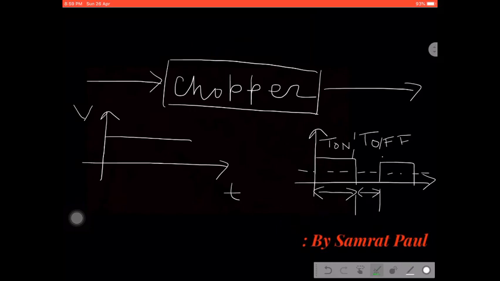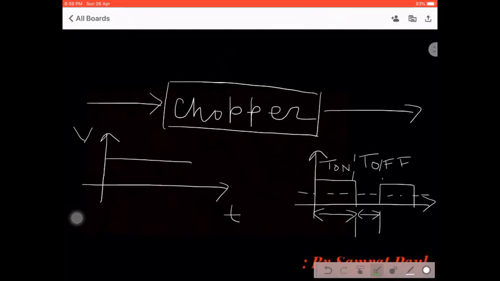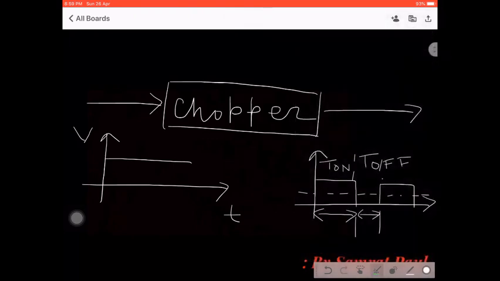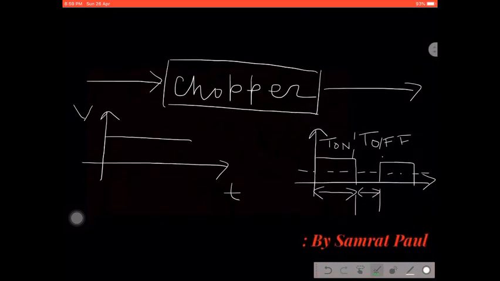Now, choppers are of two types: step up chopper and step down chopper, just like a transformer. One more thing I must say here: in industrial applications, a chopper is required to convert a fixed voltage DC source into a variable voltage DC source. It is also called a DC-DC converter, as I told you before.